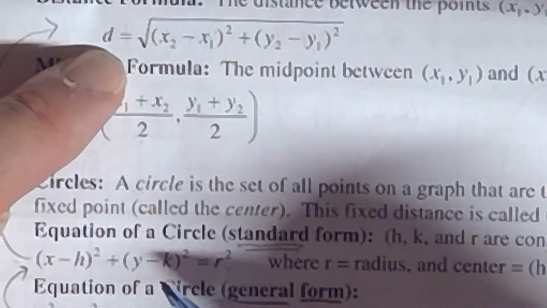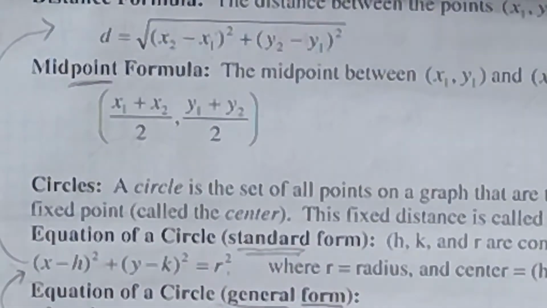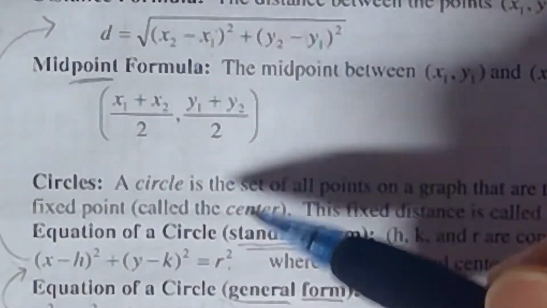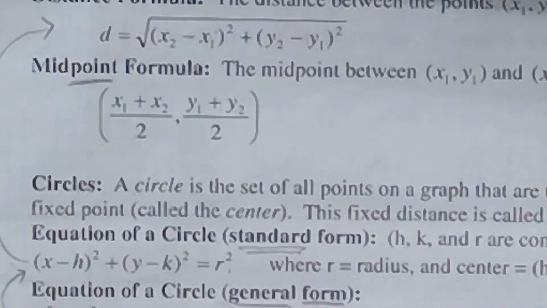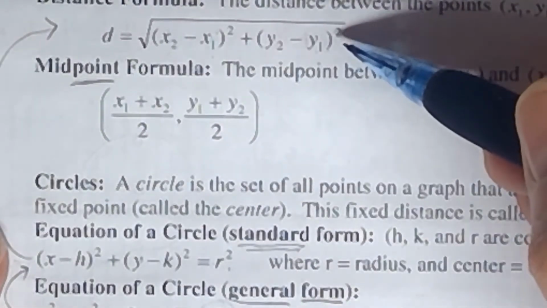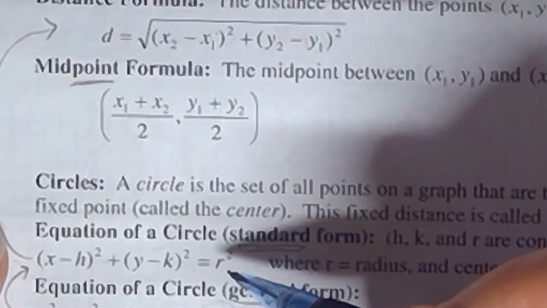I'll have different letters inside my brackets, but otherwise it'll look very similar. I won't get into the deep theory behind the relationship between distance and circle, I don't want to bore you with that. But I just want you to realize there's a close relationship there. If you square both sides of this formula, it looks very similar to this.